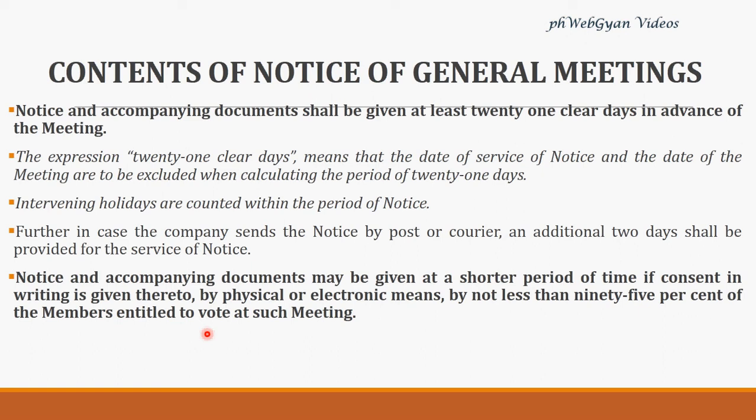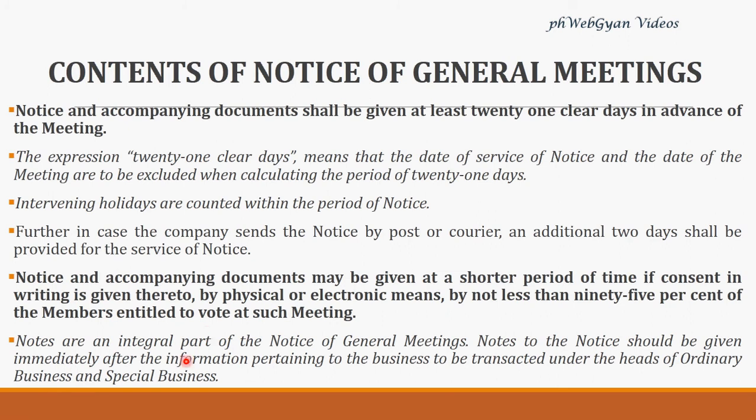While giving the notice, it will ask for consent for the shorter notice, and if before the meeting the consent comes from a minimum 95% of members entitled to vote, only then that meeting would be convened. Clear?